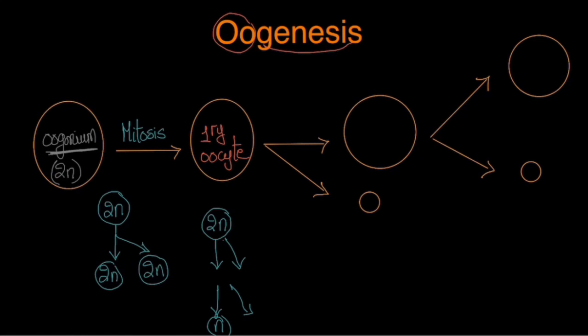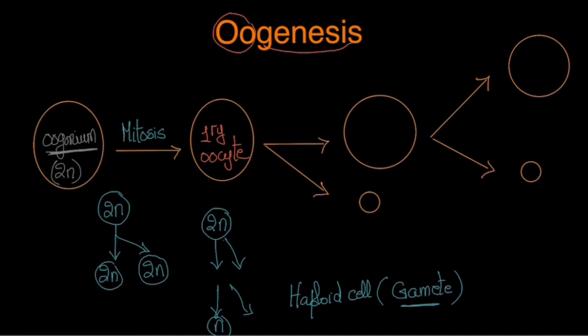If you remember, what's a haploid cell? A haploid cell has only half of the genetic material. And the major reason why I need to perform meiotic division in my body is to produce the gametes or the sex cells, like the sperms, like the eggs.